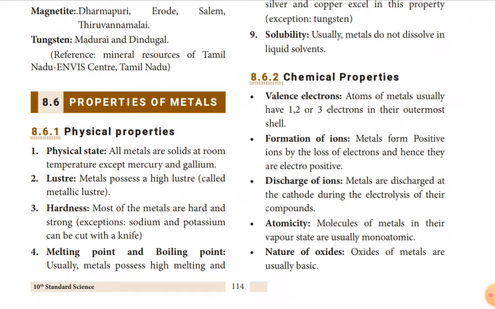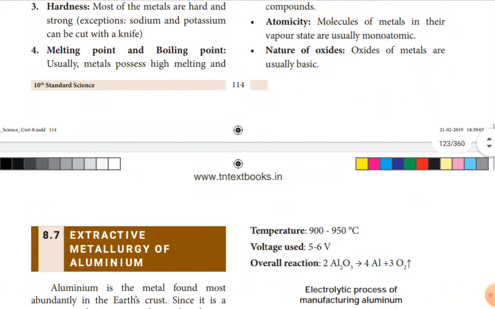Then atomicity. The number of atoms in a molecule is normally monatomic. Then metal oxides are normally basic in nature. They behave like bases. So my dear students, up to this we have already discussed.